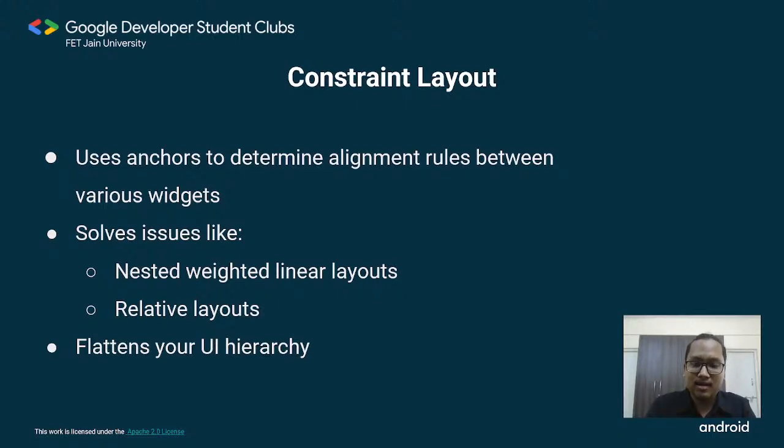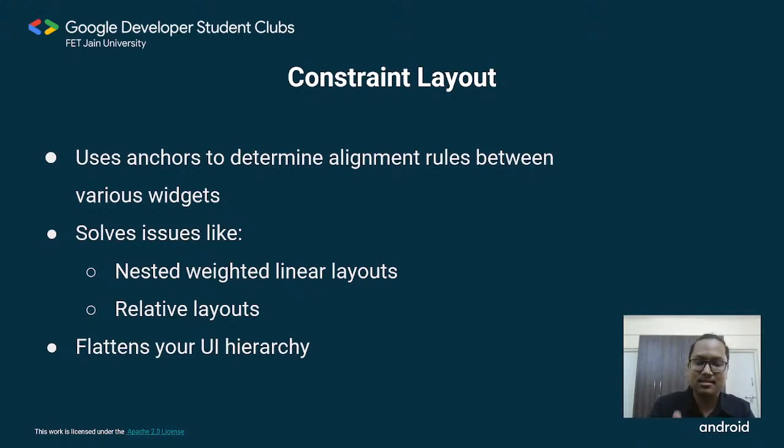So what are anchors? An anchor is a point from which you can determine one view's position. You can have alignment rules implemented on that anchor to make sure that the view is placed on the screen, right?